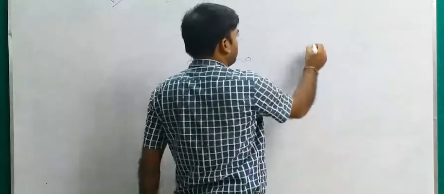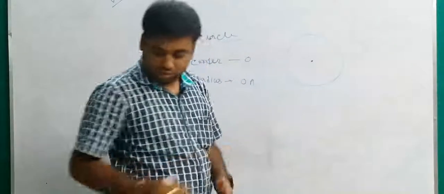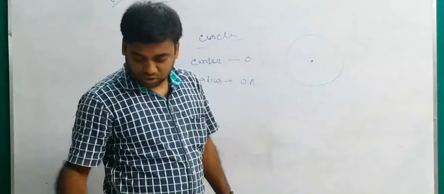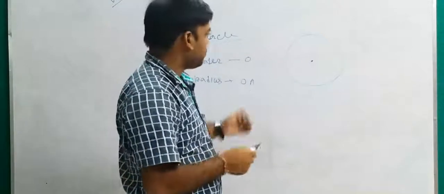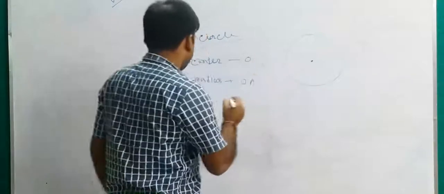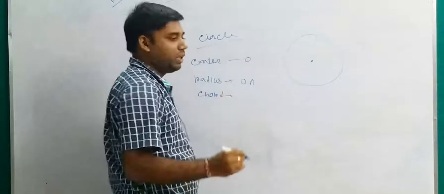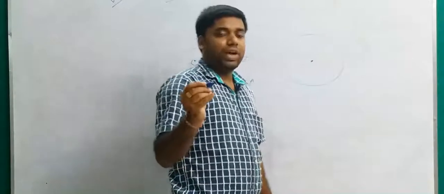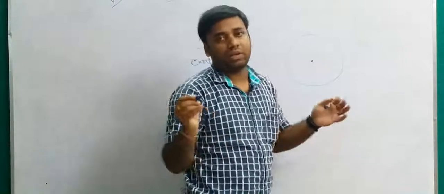Now next, diameter. What is diameter? First of all, chord. After chord I will discuss the diameter. A chord means the line joining two points that lie on the circumference.